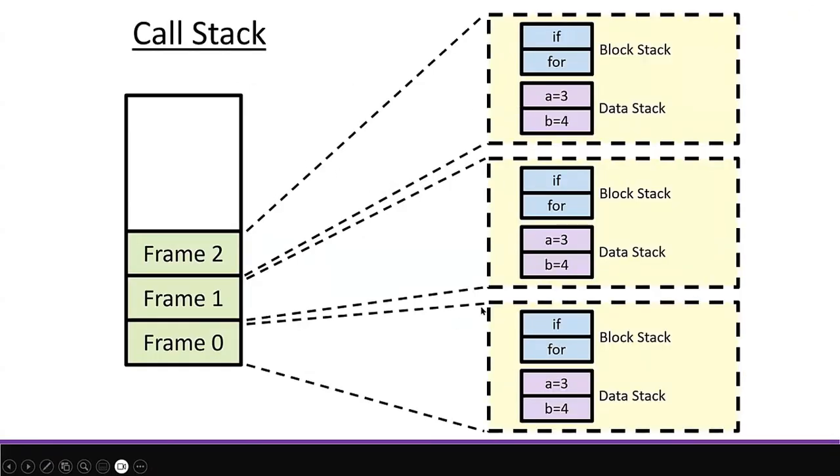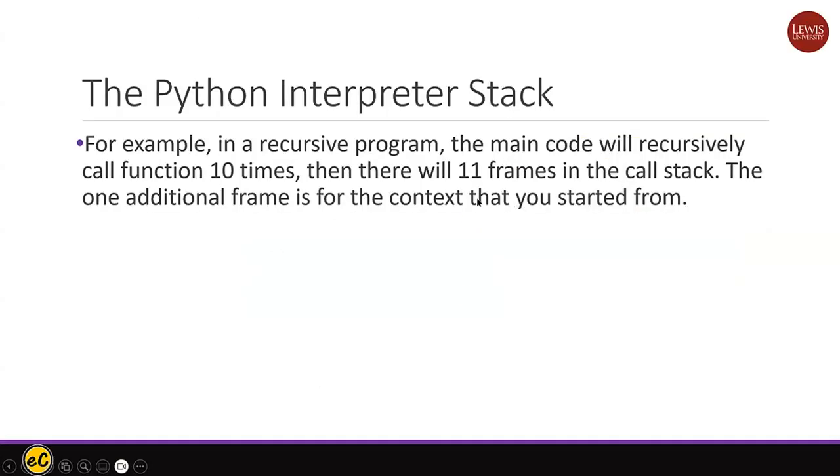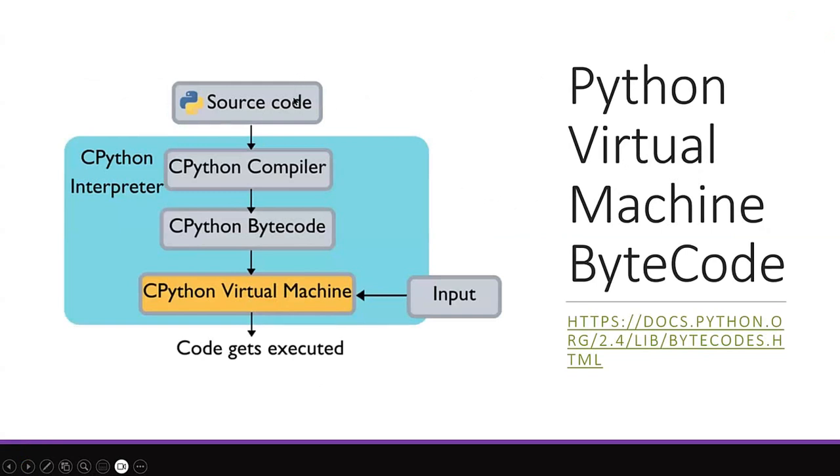Here we talk about a code stack. Okay, this one I think is okay. You can look at the code stack of the interpreter. So your source code, let's look at this one called the CPython interpreter. Your source code will be compiled by the CPython compiler, and you generate the CPython bytecode, and then you run it on a virtual machine.